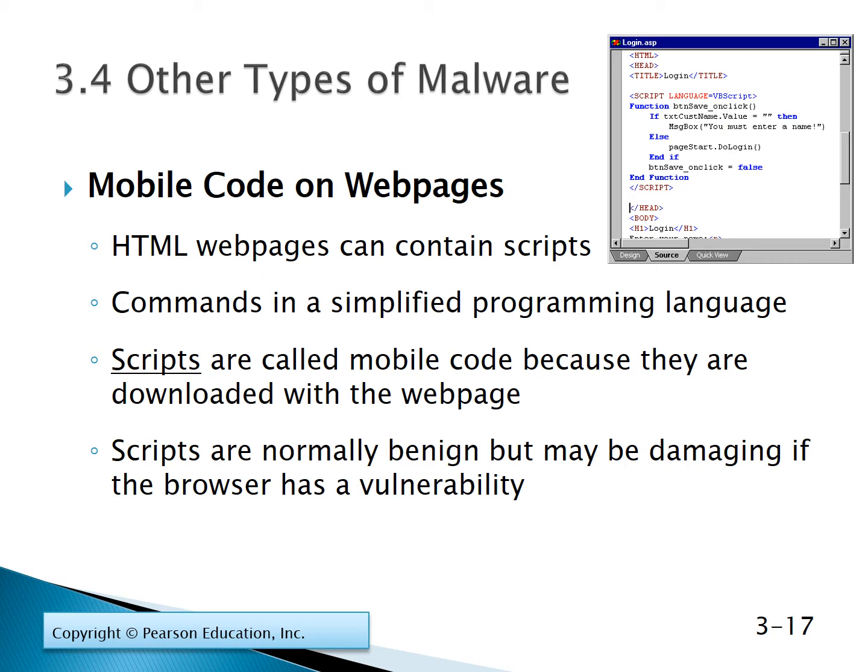So scripts are usually called mobile code because they are downloaded with the web page. Of course, what we are talking about here is not about mobile phones, but using the word mobile in the sense that they download together with a web page, but they are also some sort of programs.